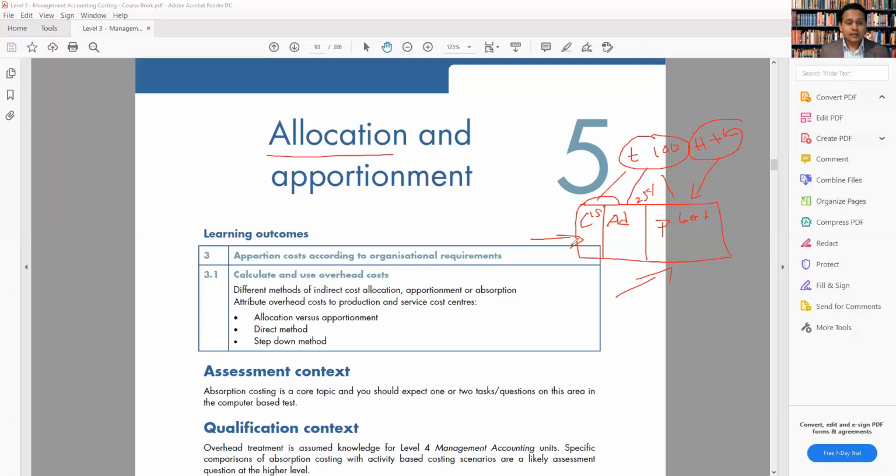In that case, we have to do apportionment. Allocation is when we can allocate the cost directly to a specific department. Apportionment is when the cost cannot be allocated directly, so we have to use some basis to spread the cost among the different departments.